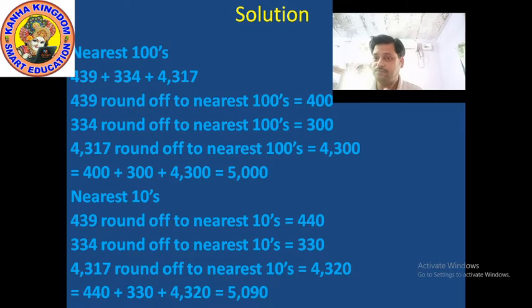Now come to the question. The number is 439, and the digit in the ones place is 9. You all know 9 is greater than 5, so first the ones digit is converted into 0.